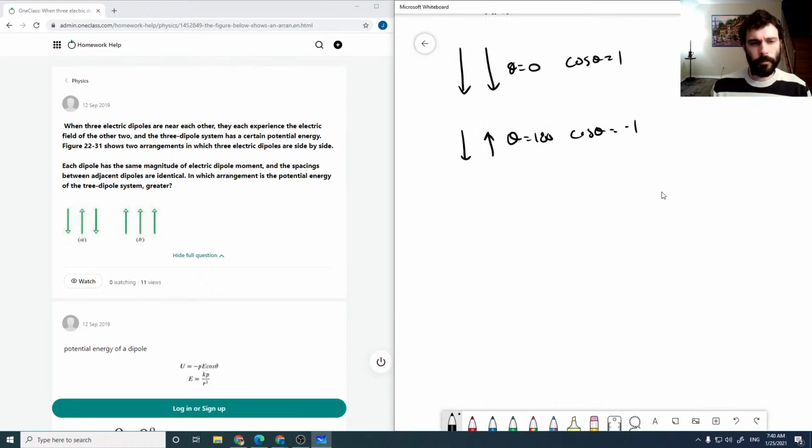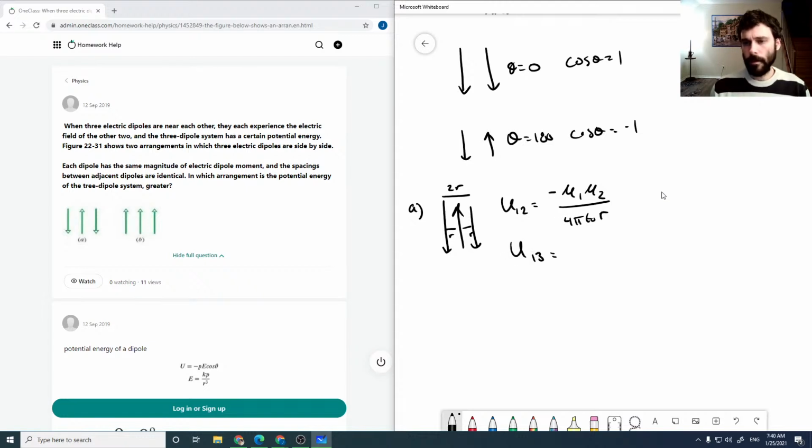So then for A, we have an arrangement like this, where each of these r's is the same, and then that's 2r. So our potential energy between the first two would be minus mu1, mu2 over 4 pi epsilon naught r cubed. U13 would be mu1, mu2 over 4 pi epsilon naught times 2r cubed.